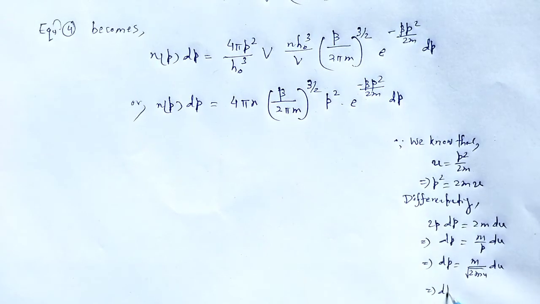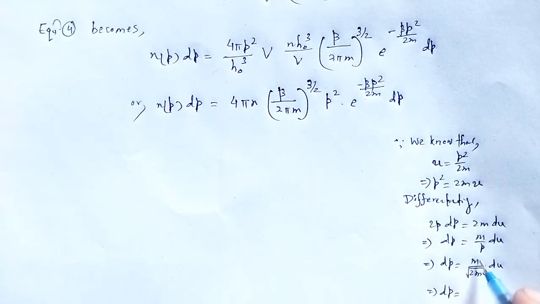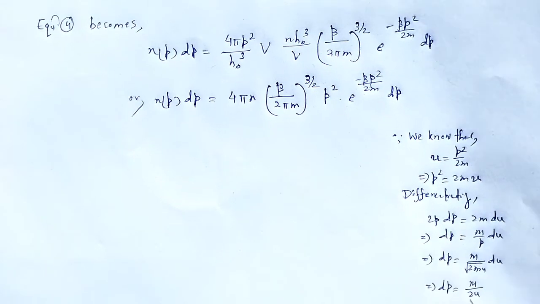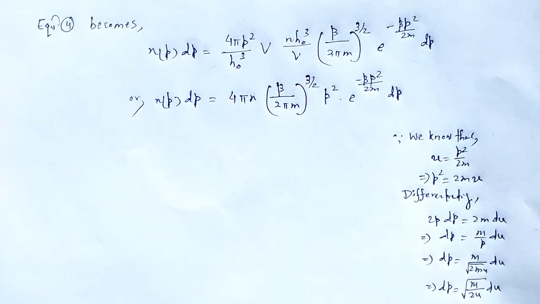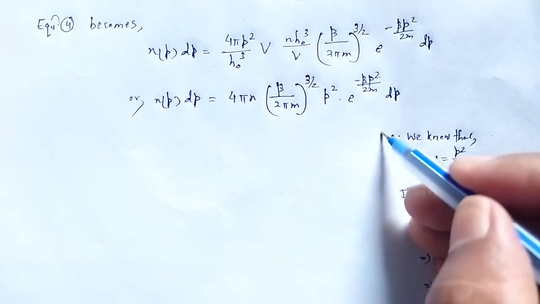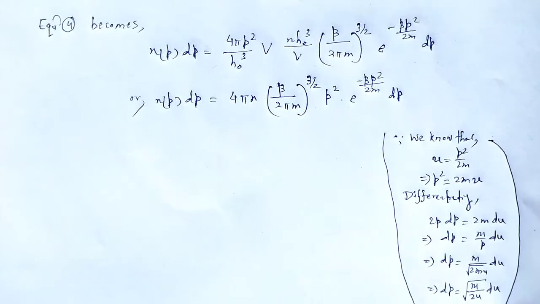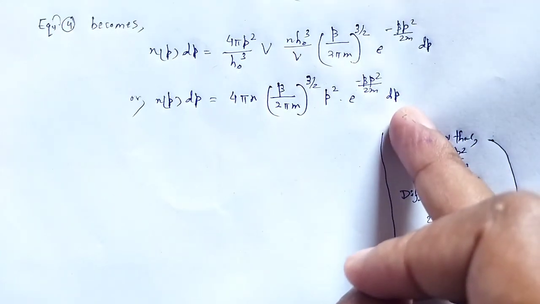Simplifying, it will be m divided by under root 2u du, that is the value of dp. Now the value of dp is substituted here.